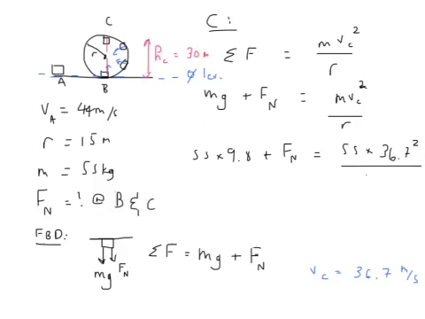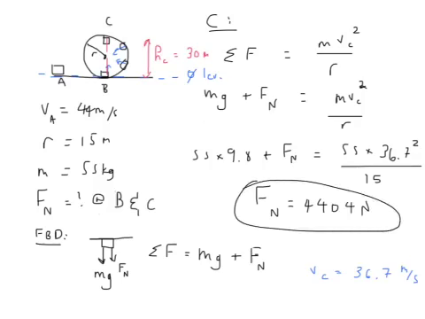And we divide this all by the radius of the circular path, which is 15, not 30. 30 is only the height. The radius is 15. The diameter is 30. But we do the radius here, and you solve for Fn, and what you get for Fn is 4404 newtons. And that's how you solve.